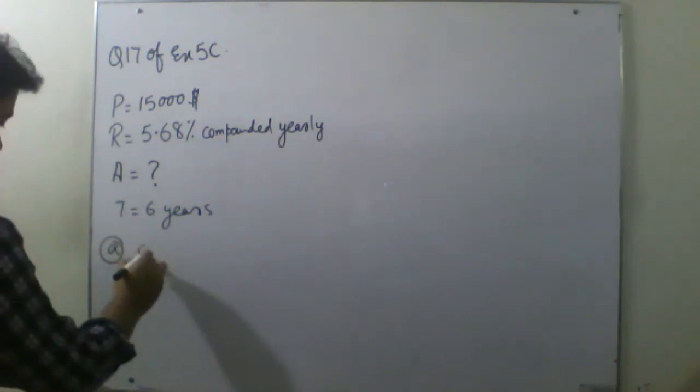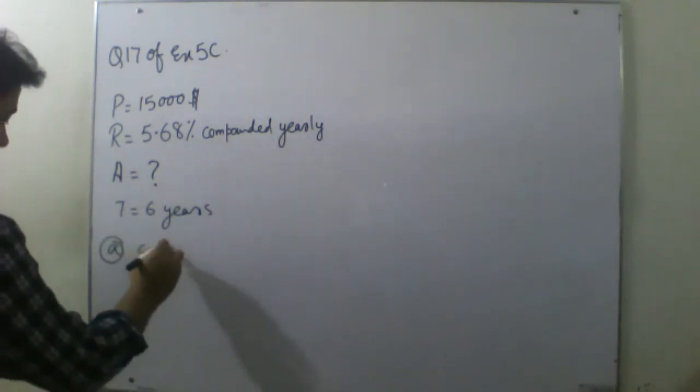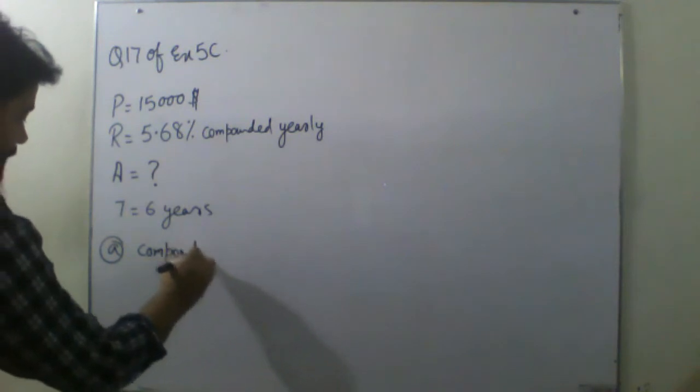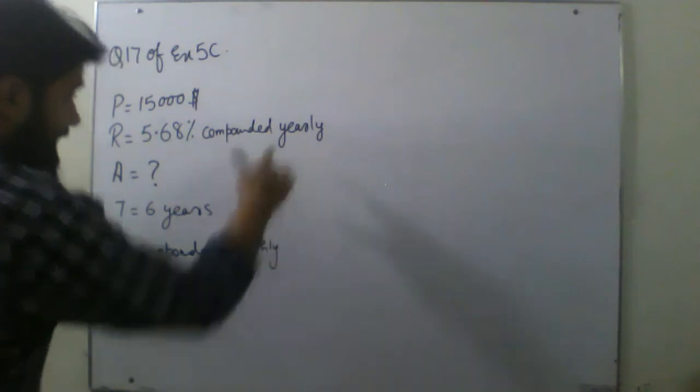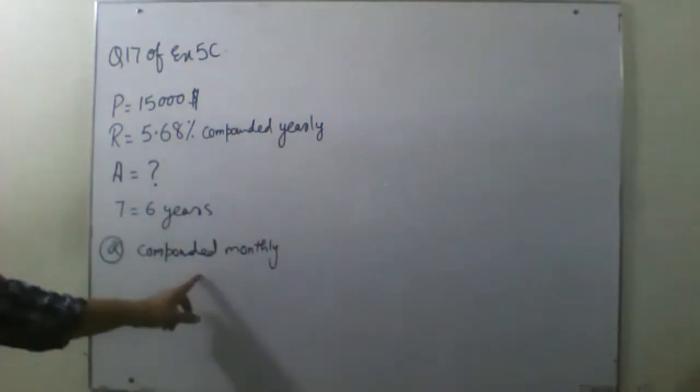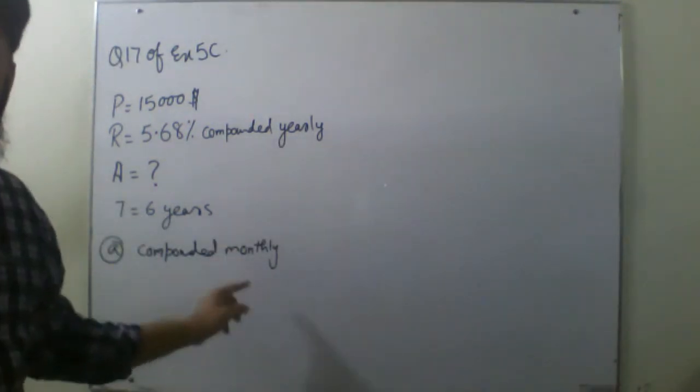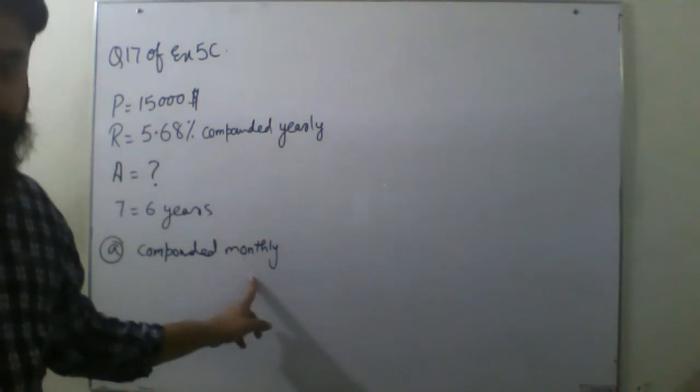It is given that interest is compounded monthly. It is a 1 year interest, but it is applied on a monthly basis.